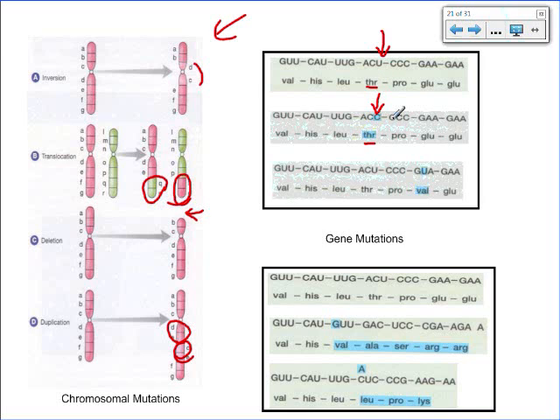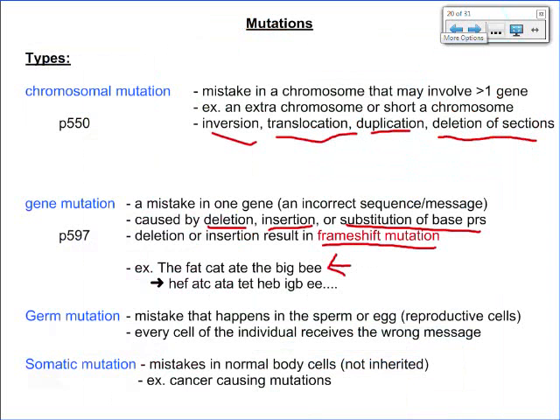So since they code for the same amino acid, it does not affect the protein at all. It is a silent mutation. Silent wasn't listed on there, but it is another kind of gene mutation. It just doesn't really have any effect on the protein or its job.